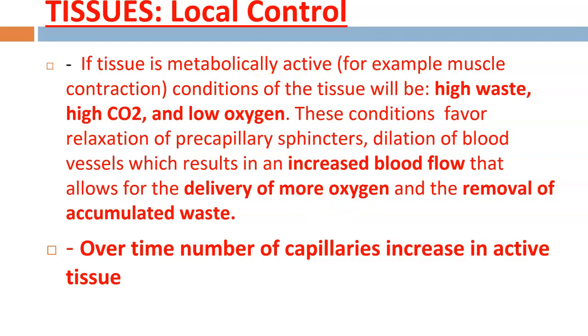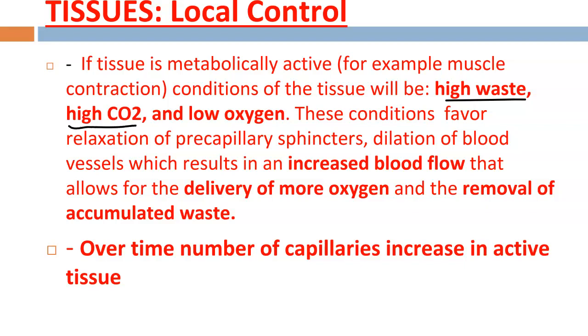So, as we mentioned, when a tissue is metabolically active, it's going to need more blood. So how does the capillary sphincter dilate when a tissue is more active? Well, that has to do with the chemical conditions of the tissue. When tissue is active, waste accumulates in the tissue. That is CO2 and acids.